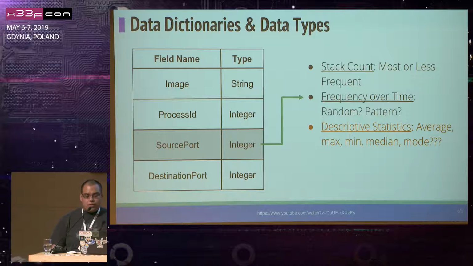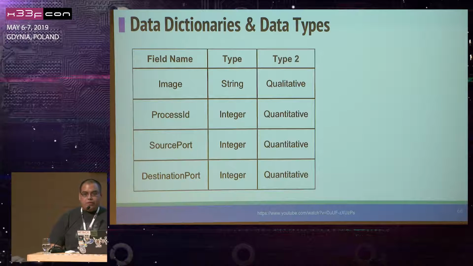But if we use another perspective, let's use a mathematical perspective. If we start describing our data with type of data, it could be qualitative or quantitative data. Qualitative data, the concept is really basic. You can describe your values using letters, numbers, or symbols.